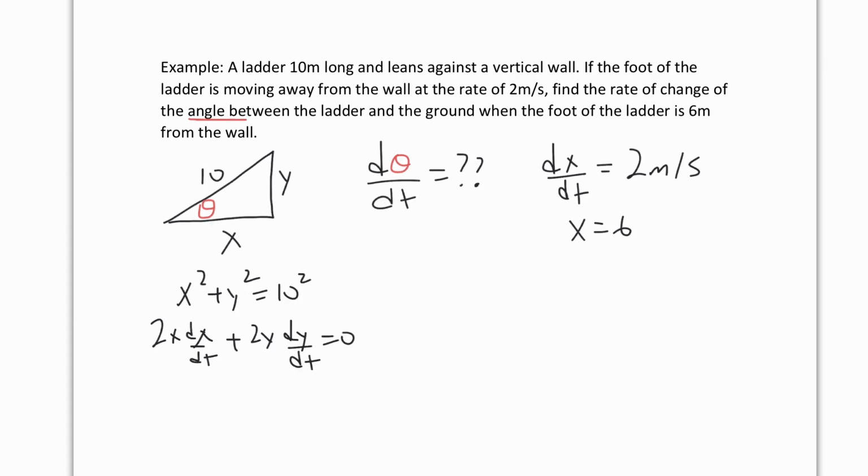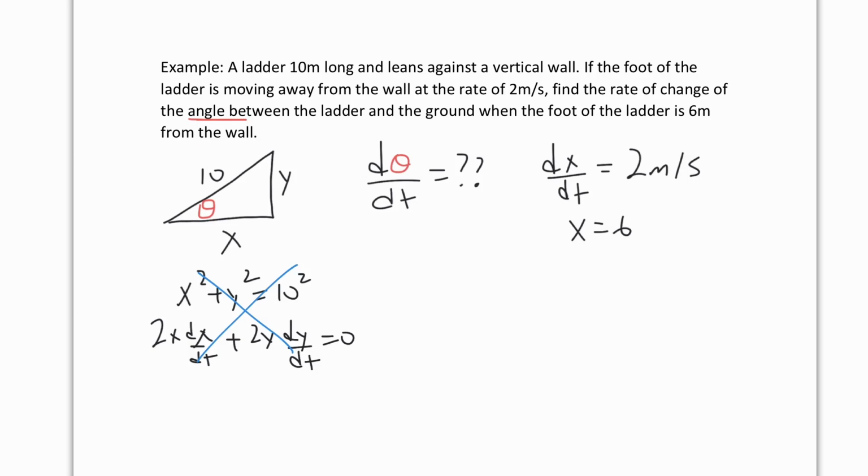But notice, we want d theta dt, and nowhere here do we have a d theta dt. This will not allow us to find our missing rate because there's no theta in the equation. So this is no good. This does not help us.